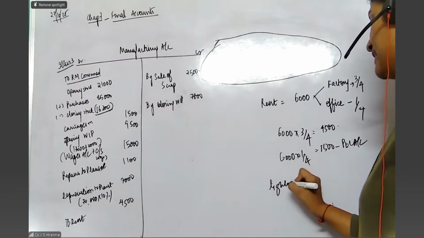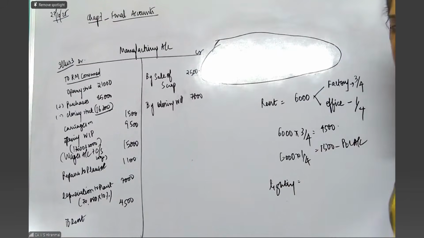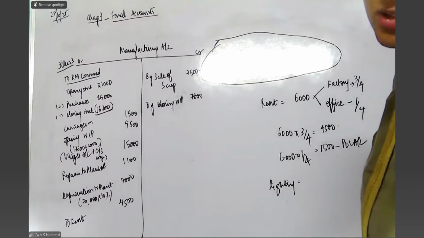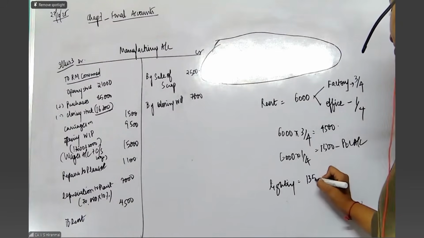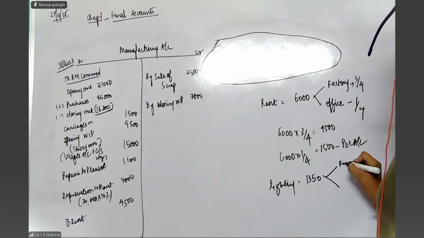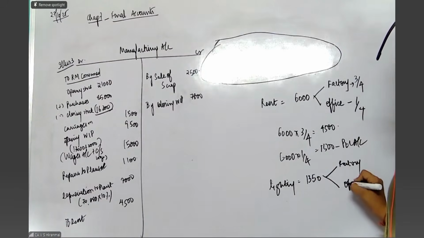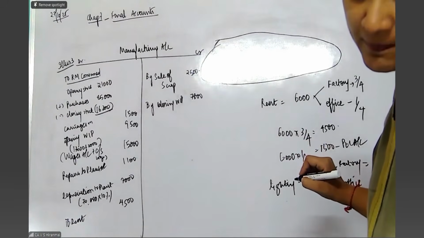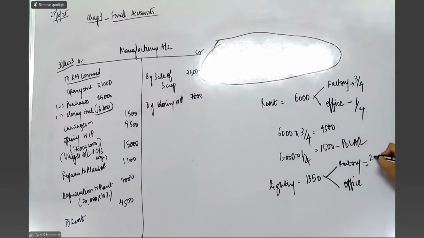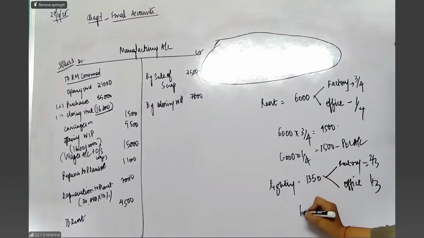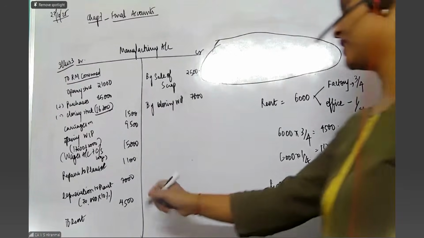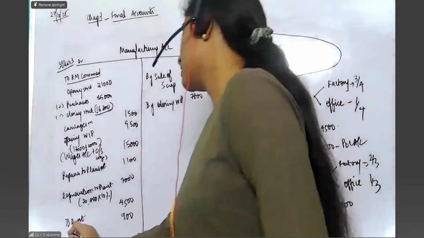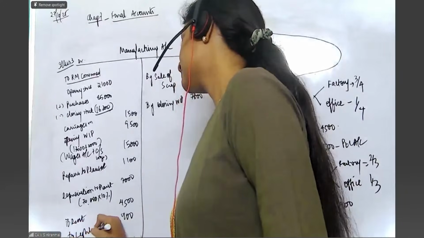Same way for lighting also. Electricity charges is the meaning. Lighting, so how much is that? 1,350. This is divided among factory and office. It goes 2/3 to the factory and 1/3 to the office. So now when you do 2/3, 900 will sit here in your manufacturing account under lighting.